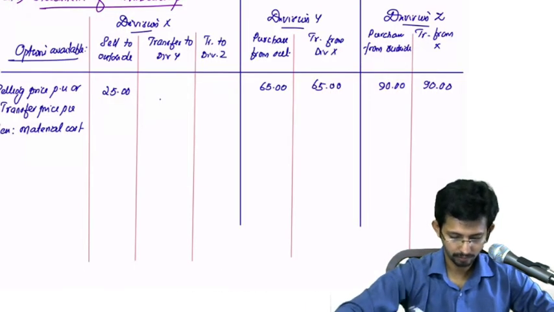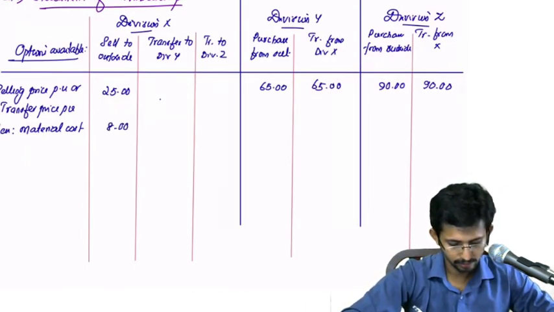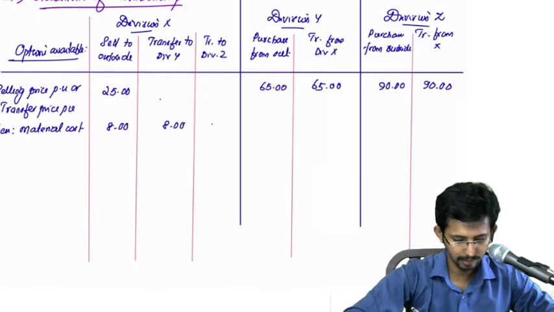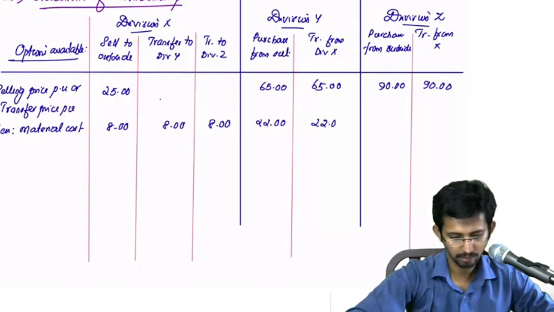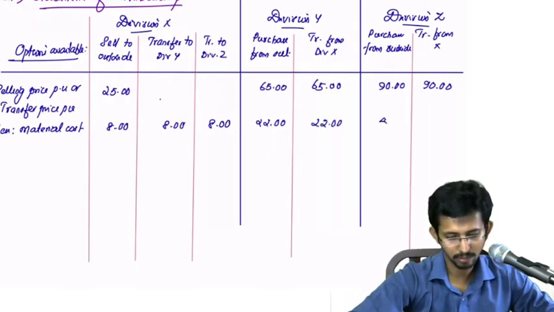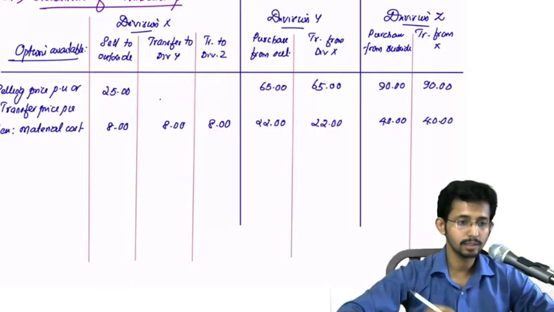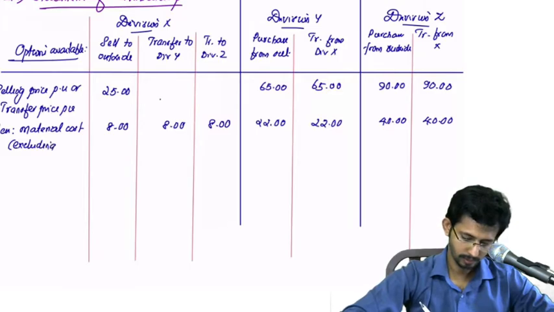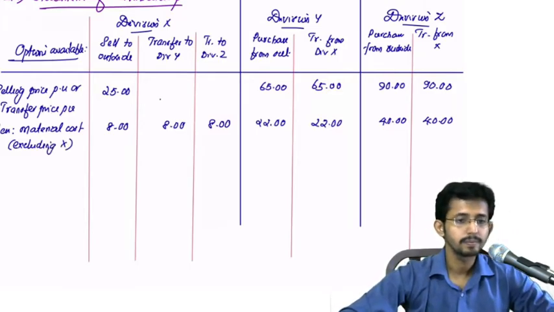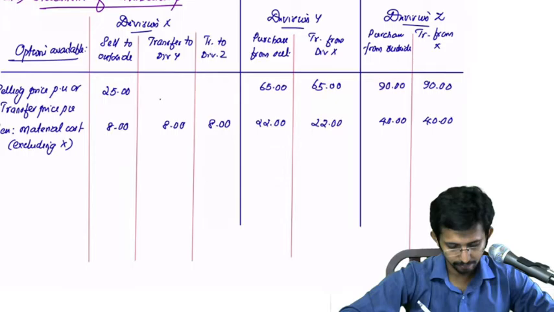So 8, here also 8, 22, 22, 40. This is excluding the X component.